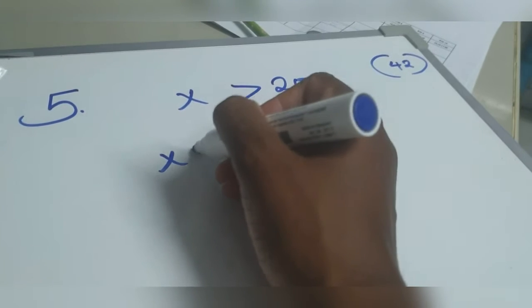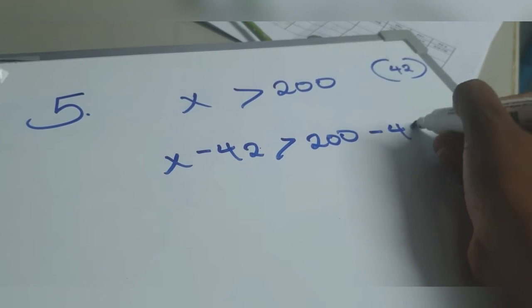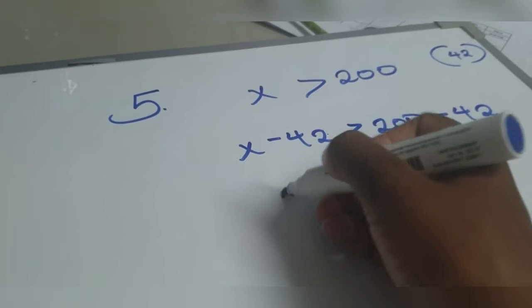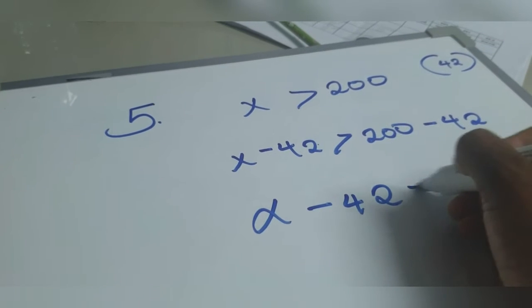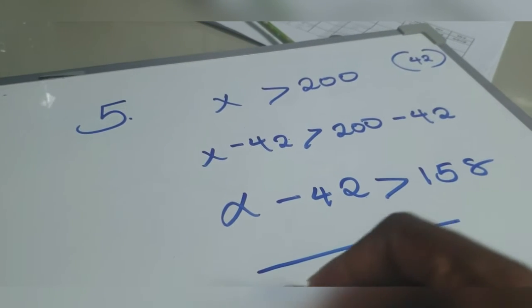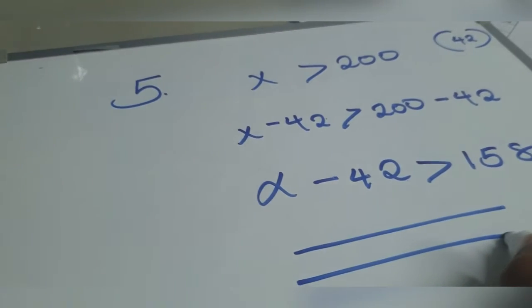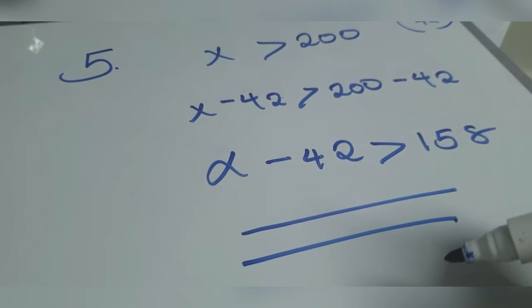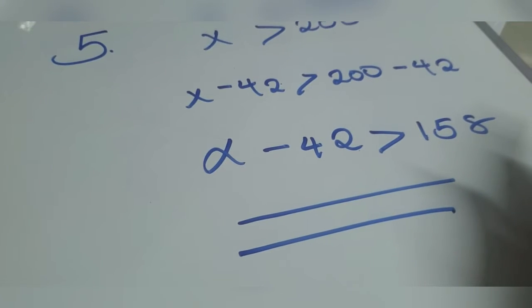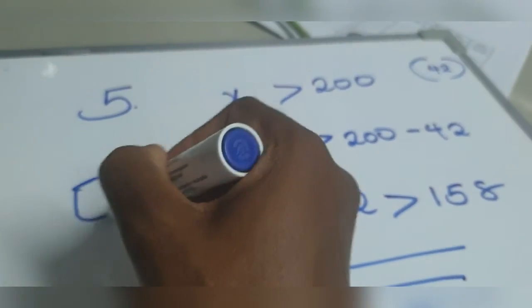So we have x minus 42 is greater than 200 minus 42.